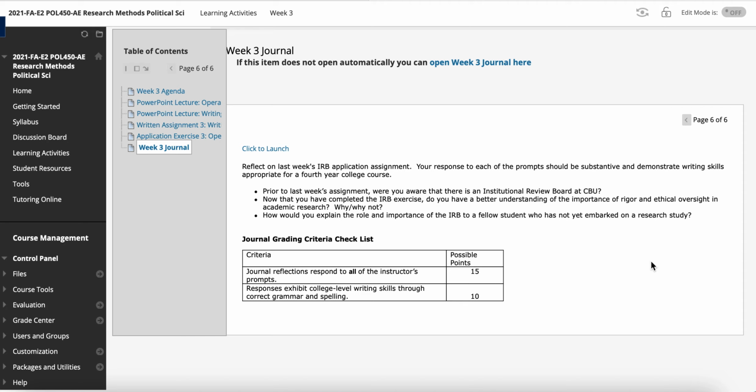So remember, a journal is as if we are having a conversation, you having a conversation with me. So the writing can be informal, but I'm expecting to see some college level understanding of the questions and some depth to your remarks.